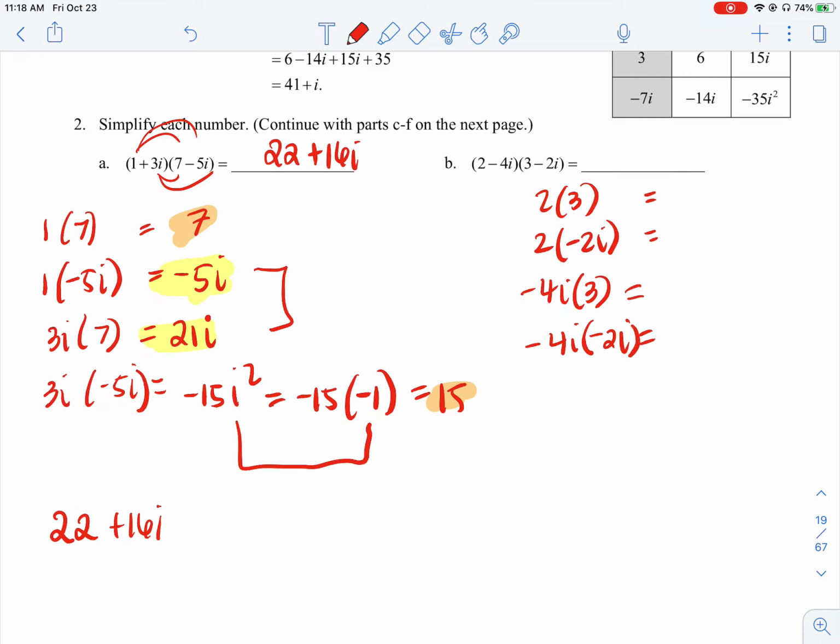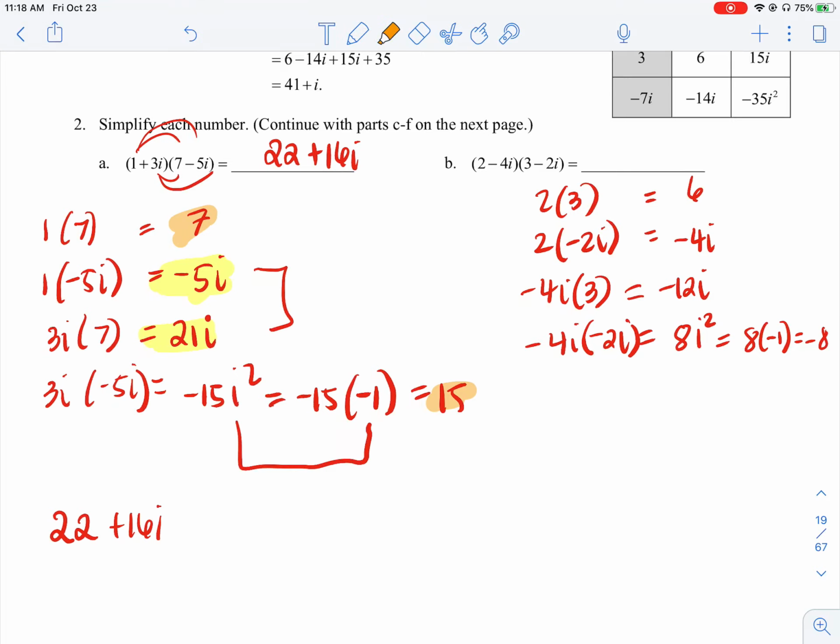Okay, 2 times 3 is 6. 2 times negative 2i is negative 4i. Negative 4i times 3, negative 12i. Negative 4 times negative 2, that's a positive 8. i times i is an i squared, and we already know that i squared is a negative 1. So this is 8 times negative 1. So that is a negative 8.